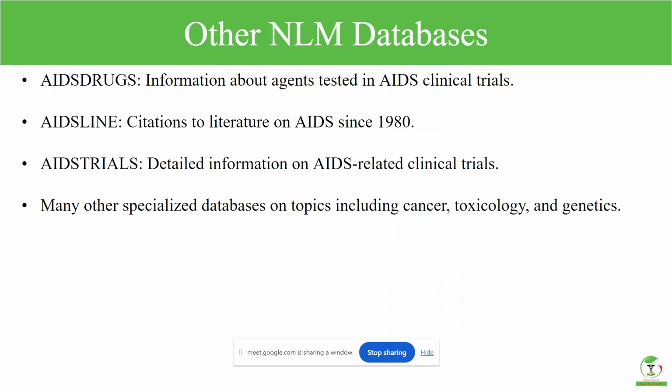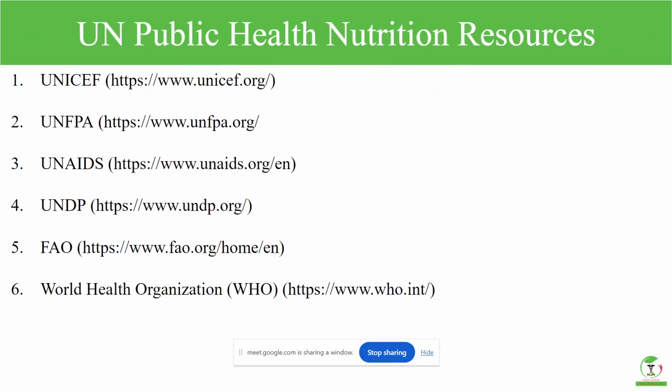That's why we have these databases that we are referring to. But there are also databases from UN organizations that you can really use. That means you really need to be familiar with the topic that you're dealing with. You should know which organizations are very good in the topic. If you're dealing with any topic to do with reproductive health, you should be aware that UNFPA is the go-to place.